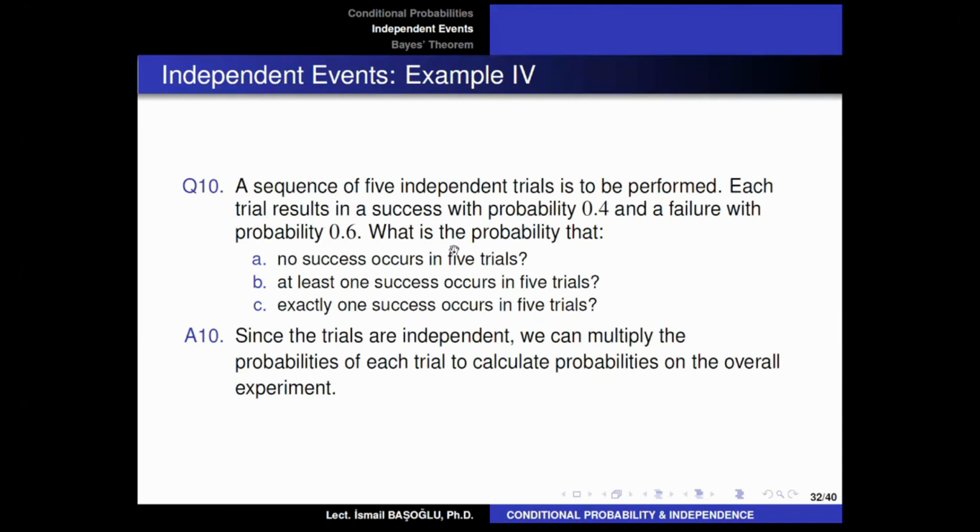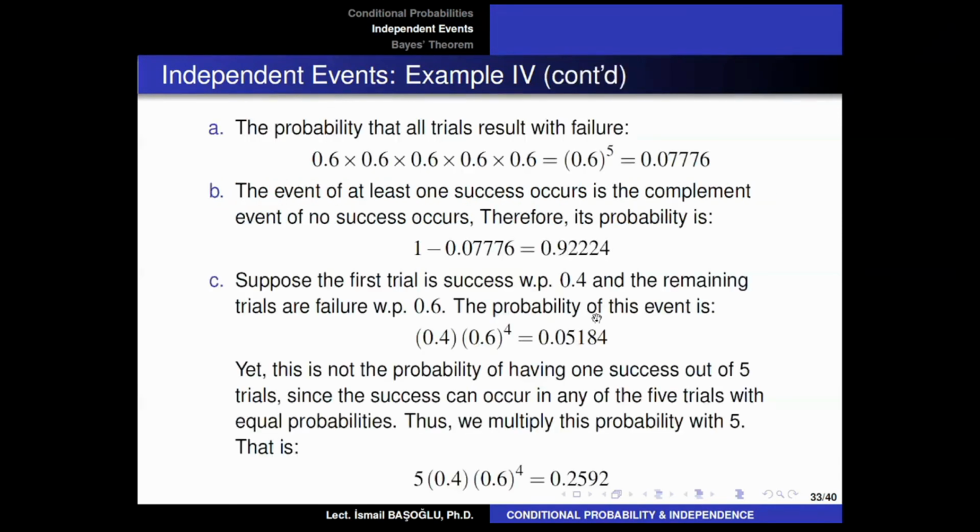Now part C. What is the probability that exactly one success occurs in 5 trials? Now, my friends, again, we assume independence between trials. In 5 trials, there is supposed to be a single success and 4 failures.